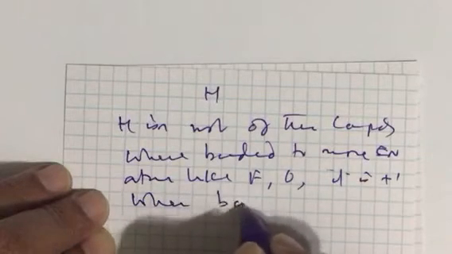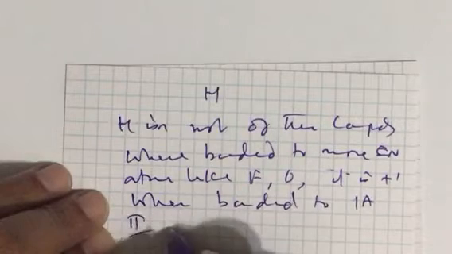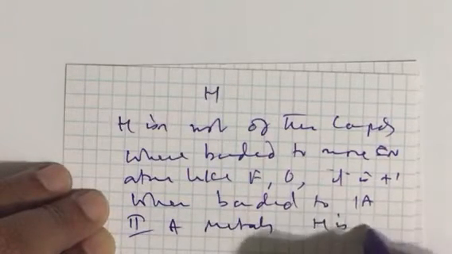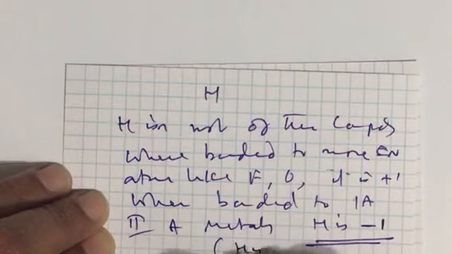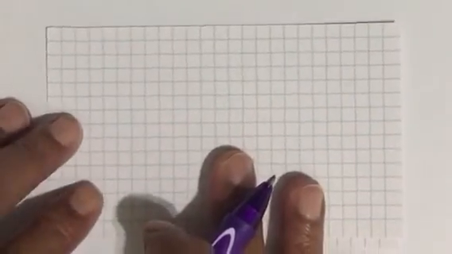When bonded to 1A, 2A metals, hydrogen is -1. They are called in fact hydrides. So these are the general rules. Using these general rules, we can work out the oxidation number of any damn element in any damn compound.